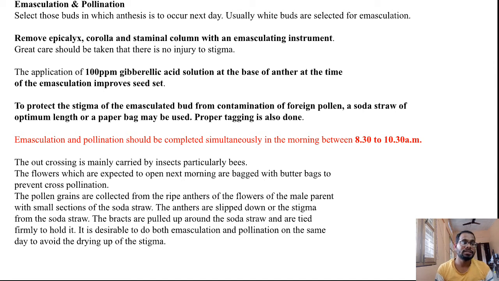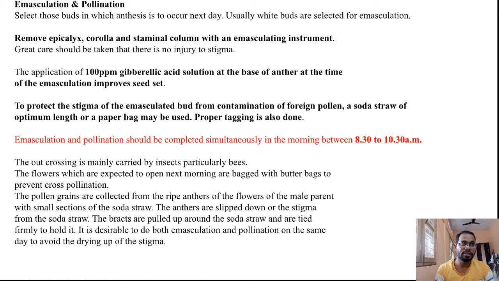Means if you want to increase the seed setting, or increase the number of seeds after the crossing, then you have to use a 100 ppm solution of gibberellic acid hormone. Otherwise pollination will occur and seed setting will also occur, but that much seed setting will not happen. So you have to use gibberellic acid at a concentration of 100 ppm.